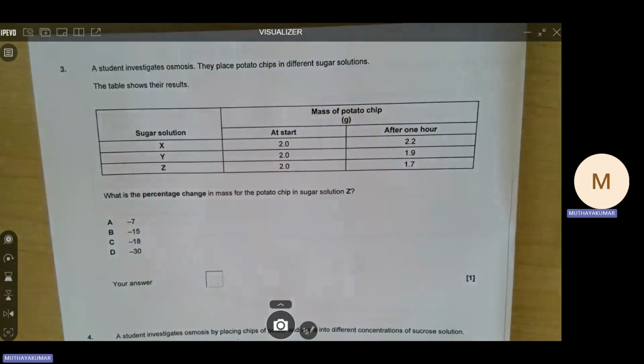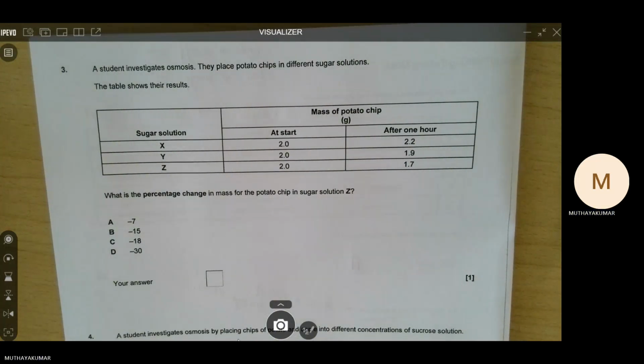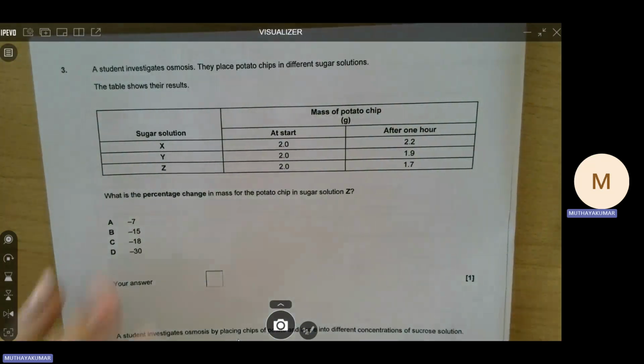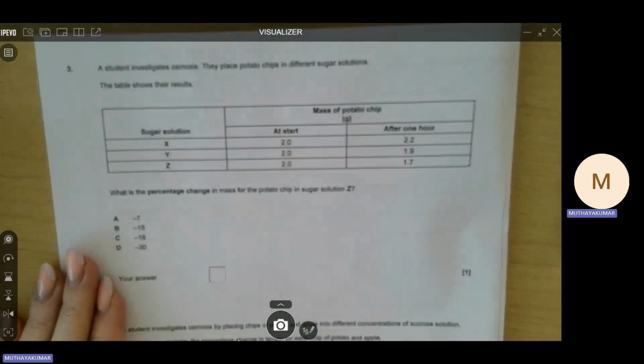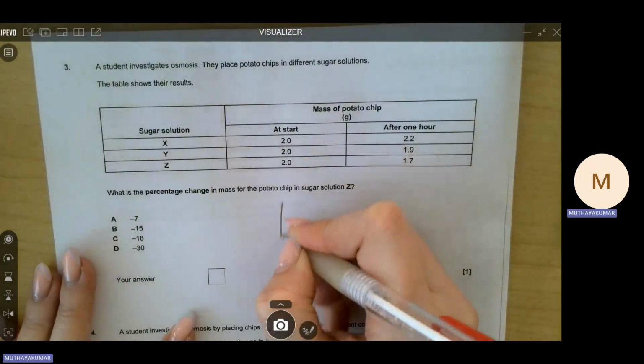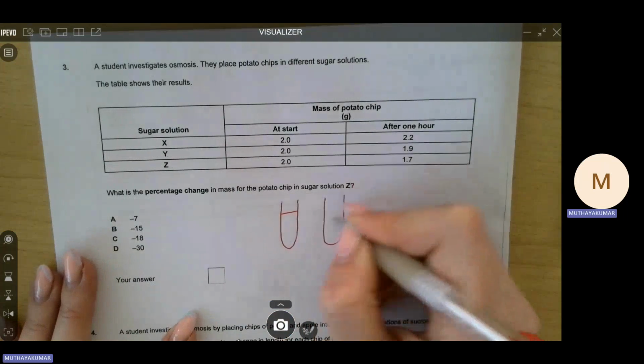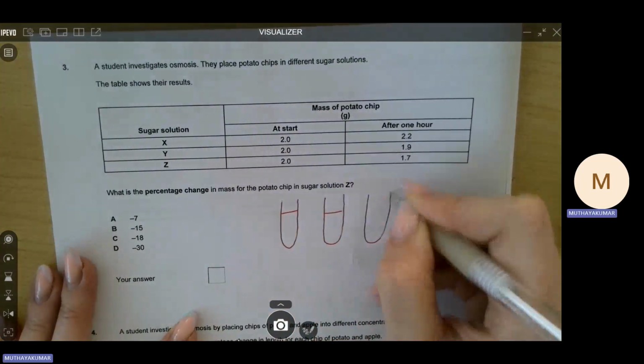All right, so question 3 and 4 both use the investigation of osmosis using potato. All right, so what we are doing is investigating the rate in which osmosis occurs within plant tissues. So if you can remember, you have your test tubes, and you have different solutions of different concentrations of sugar or salt.